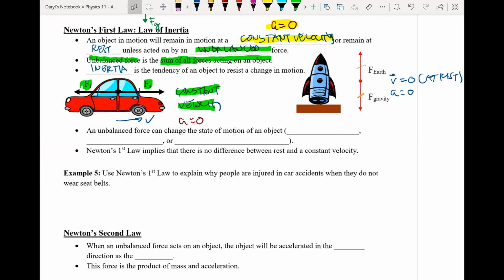The state of motion can be at rest, it could be accelerating, or moving with constant velocity.